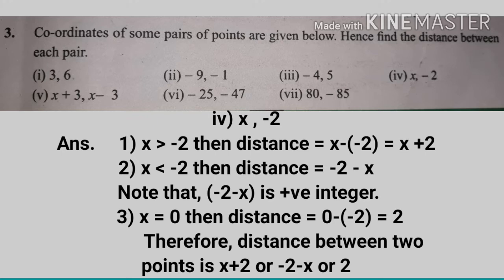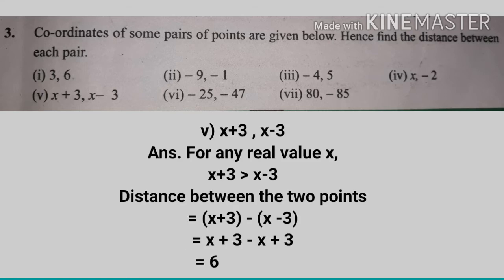Third case, x equal to 0. Then the distance equals 0 minus (-2), equal to 2. Therefore, the distance between the two points is x plus 2, or -2 minus x, or 2. Number 5, x plus 3 and x minus 3. These are two coordinates.